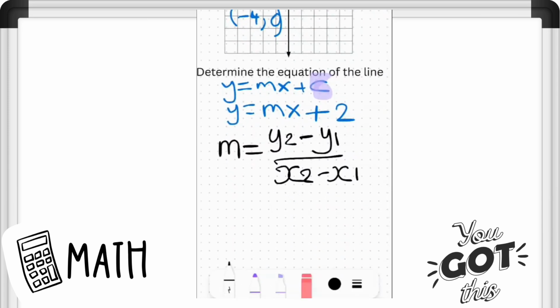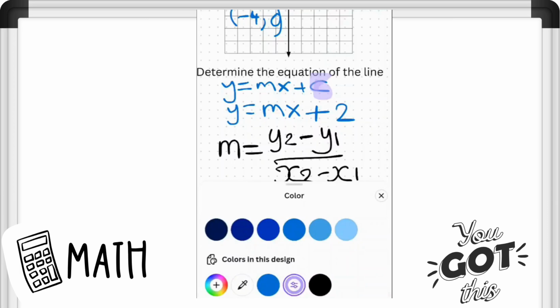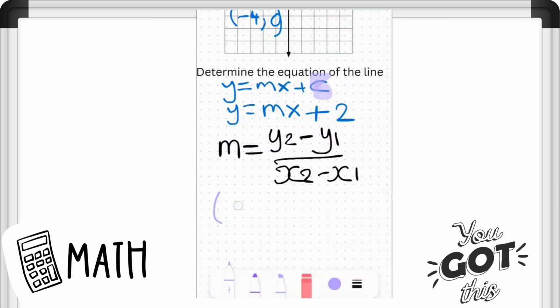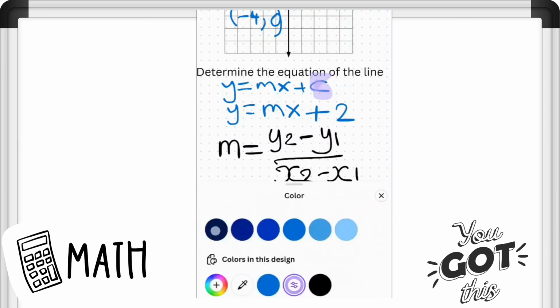So let's rewrite our coordinates that's been given to us. First of all, we had 0 and 2, and then we had -4 and 0. And like I say, you can first write -4 and 0, and then 0 and 2, it doesn't matter.